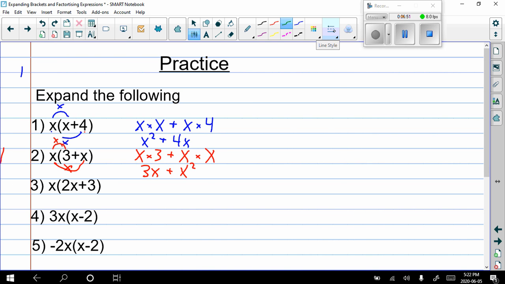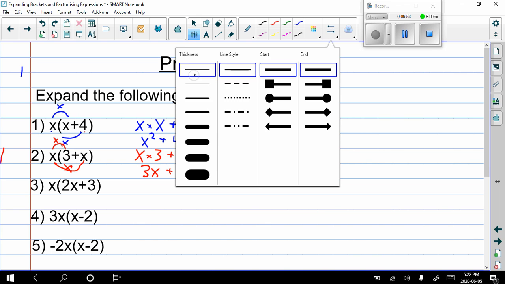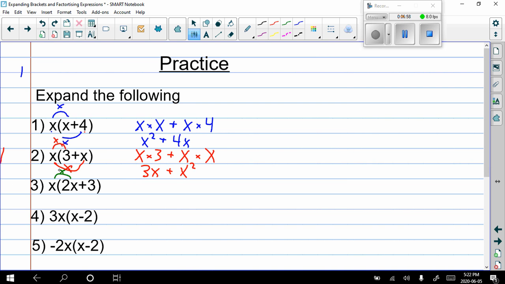Next one, question 3, we have x times 2x first, so x. And then our plus sign, and then we're doing x times 3. So that means we have x times x, which is x squared, and we have 2 of them. Then we have 3 times x, or x times 3, I should say, which makes 3x.